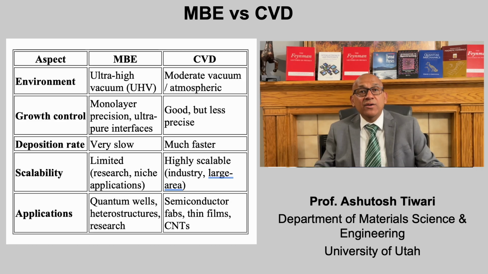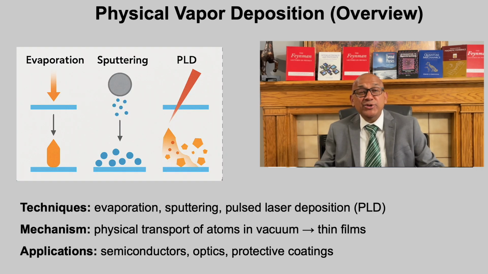So far, we have explored chemical vapor deposition and atomic layer deposition, which rely on chemical reactions at the surface, and then molecular beam epitaxy, which provides atomic scale precision. Now, there is another broad class of methods known as physical vapor deposition, or PVD.